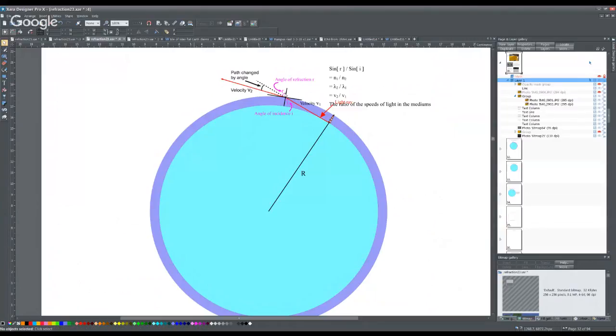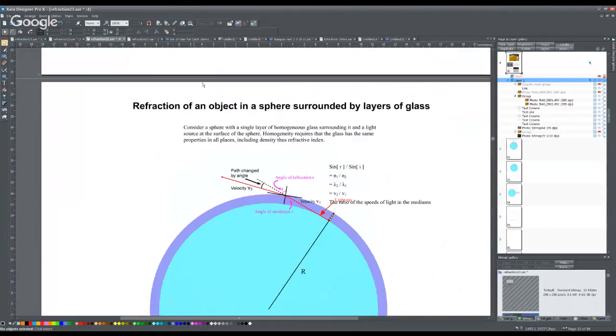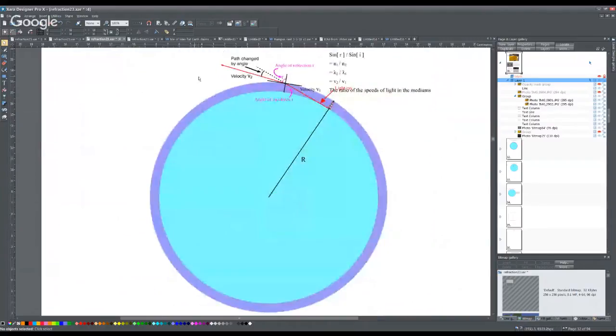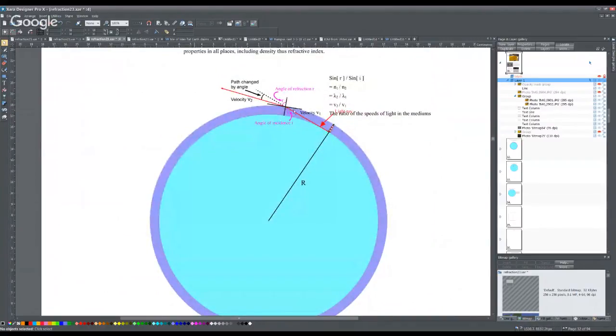So Snell's law applies, which I just described about the refraction angle. You take a normal to the interface of the mediums, and then you get this particular angle. So the light coming out of this sphere of glass will come off at a refracted angle dependent on the change of velocity.